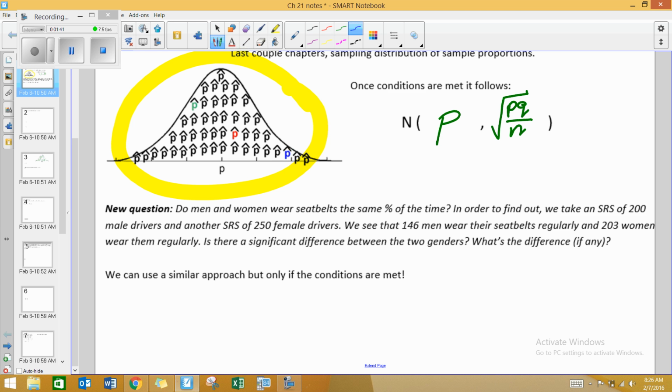So let's go ahead and look at this first number, 200. So 200 male drivers. I'm going to call my males group 1. So N1, the sample size for that first group, is 200. Okay? Simple random sample of 250 female drivers. Female drivers, I'm going to call that group 2.